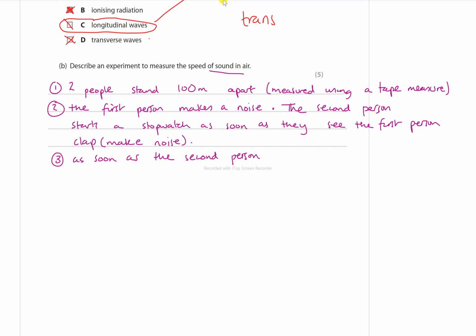So remember the first one is making the noise, and the second person sees the noise made, and when the second person hears the noise, they stop the stopwatch.